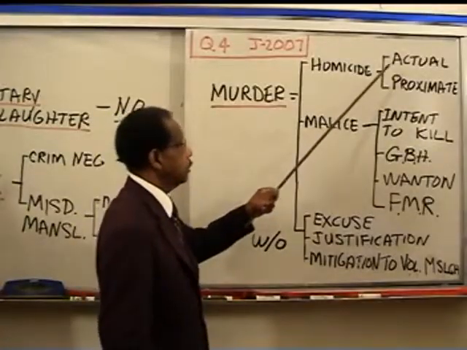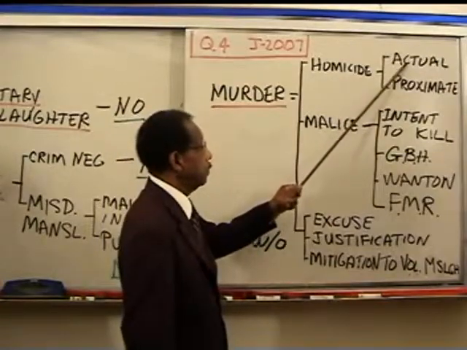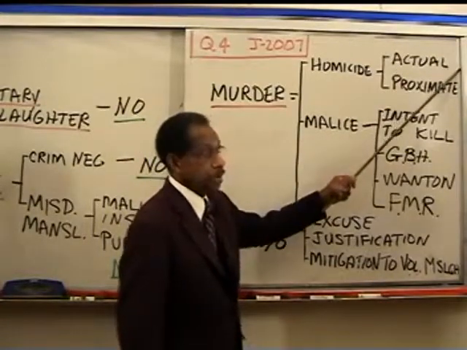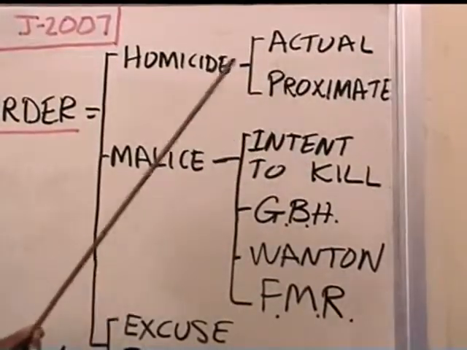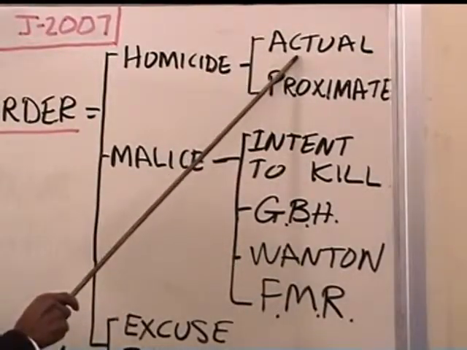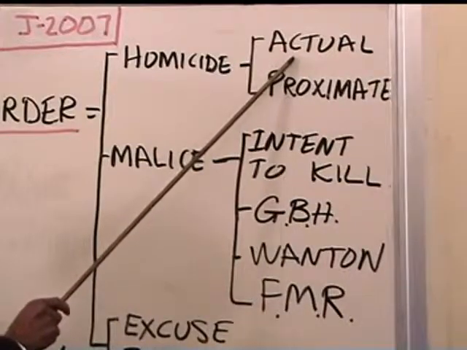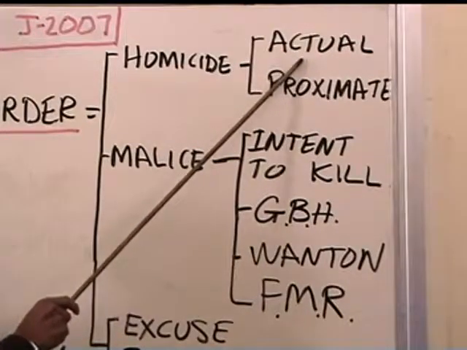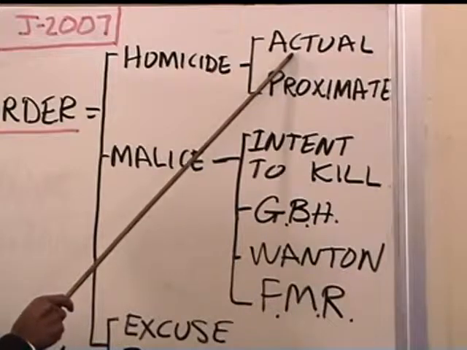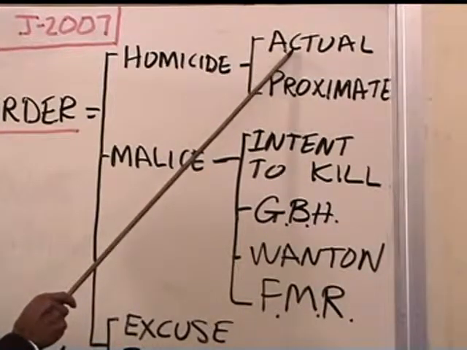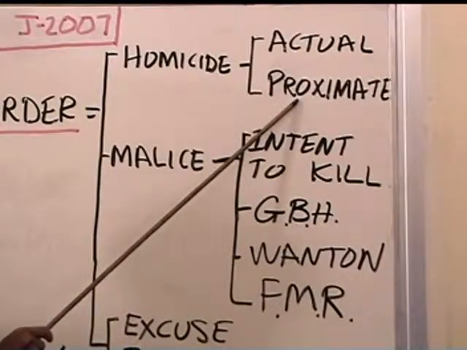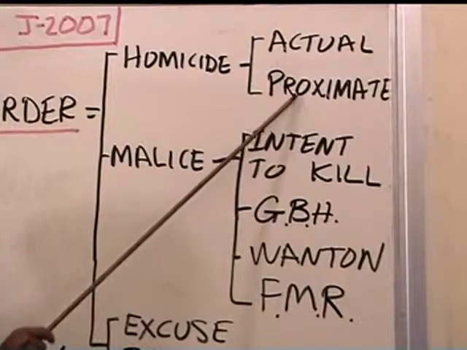In our case, lighting that paper was the actual cause of the death of the pedestrian, because based on the facts we have, it is true that but for him lighting the piece of paper, the pedestrian would not have died. And so his conduct in lighting that document was the actual cause, but was it the proximate cause of the death of the pedestrian?